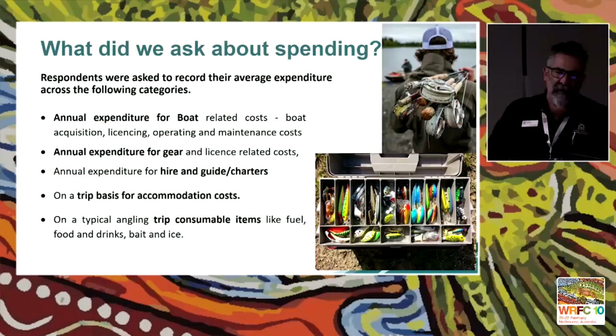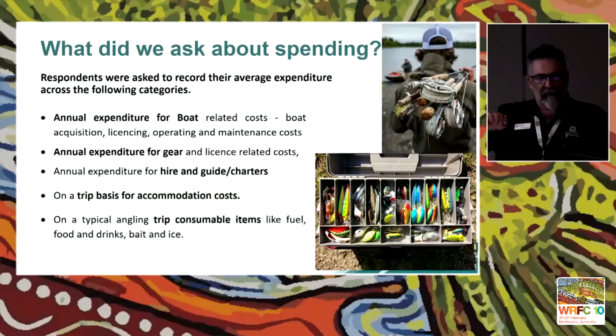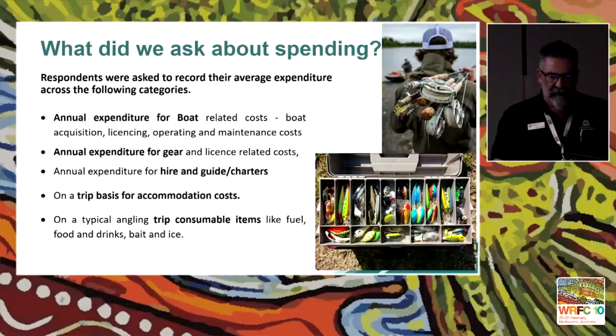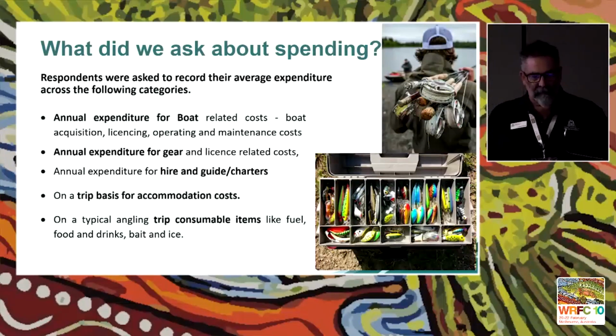Right, so diving into what we actually asked. We asked about average expenditure across these categories: boats and their upkeep, guides, the gear that they bought throughout the year, their accommodation and the trip consumable costs. So things like fuel, bait, ice, beers, the whole works.